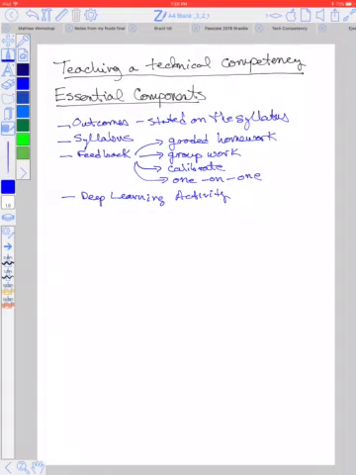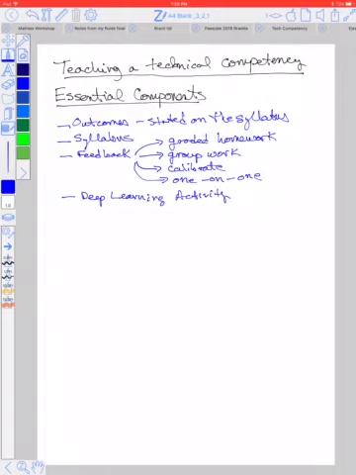So a deep learning activity should be where the person or the team is in the laboratory doing something, or off campus doing something where they are extending their learning, where they are taking the concepts learned in class and adding more meaning to them.